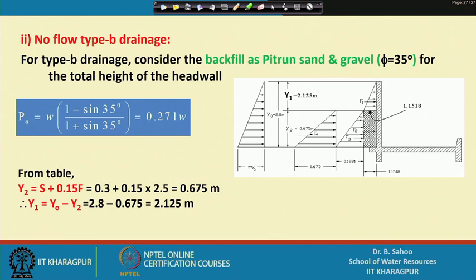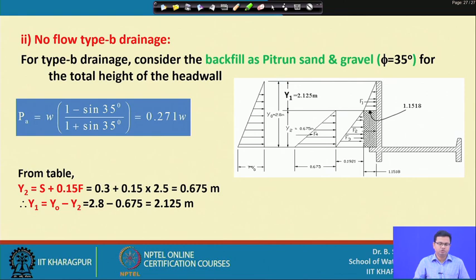So, in this case P A can be estimated as W into 1 minus sin 35 degree divided by 1 plus sin 35 degree, that equal to 0.271 W, and from the table you can get y 2 equal to S plus 0.15 F from the drainage table that I have already shown.